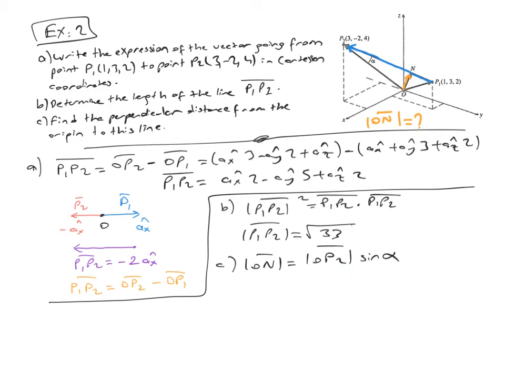This term is equal to the absolute value of the cross product of vector OP2 and the unit vector in the direction of vector P1P2. This unit vector is equal to vector P1P2 over its magnitude.